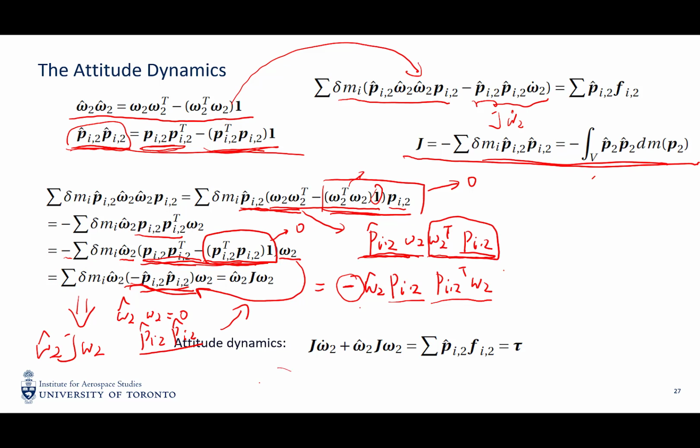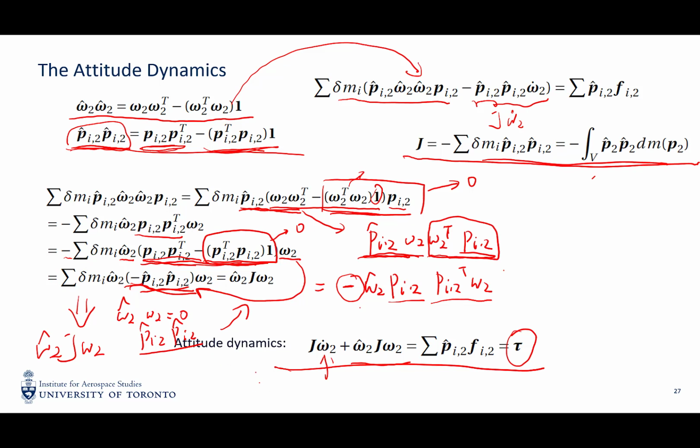So finally, what we have here is that the attitude dynamics of a rigid body can be expressed as the moment of inertia times the angular acceleration expressed in the rotating frame, plus some Coriolis and centrifugal force terms by the omega 2 hat and J. And then this entire system is driven by the total sum of external torque.